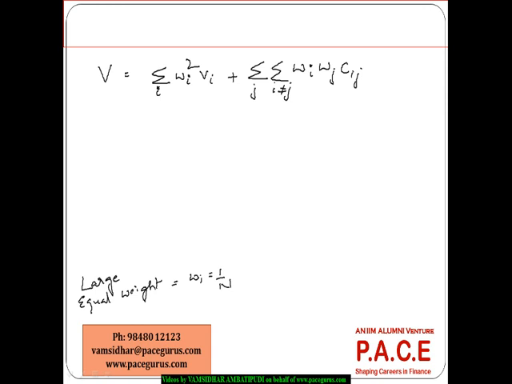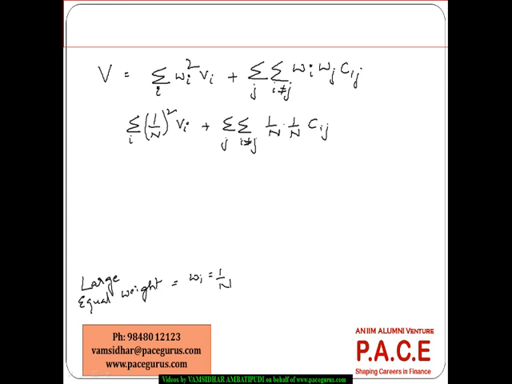So at least this becomes for me 1 by n, sigma across all the i, 1 by n squared Vi. This I'll also do across all j's where i is not equal to j: this is 1 by n, this is also 1 by n, Cij.